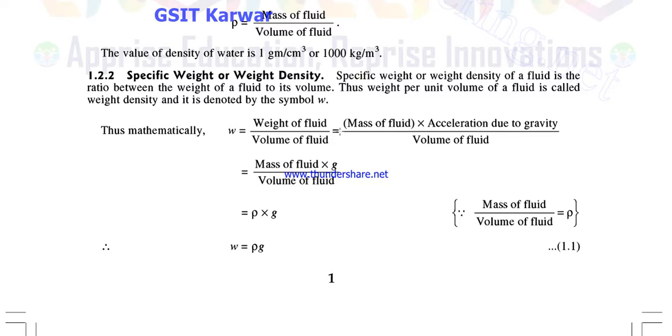So weight of fluid means mass of fluid into acceleration due to gravity, divided by volume of fluid. Therefore, mass of fluid by volume of fluid. Here acceleration due to gravity, the symbol we write is small letter g, and we already know mass of fluid by volume of fluid is rho, that means density.